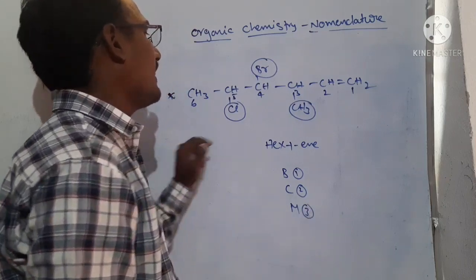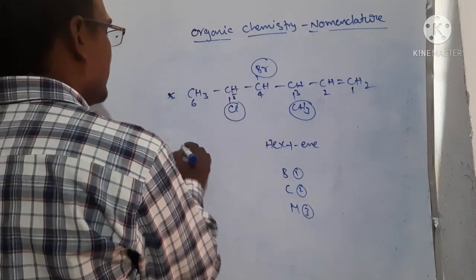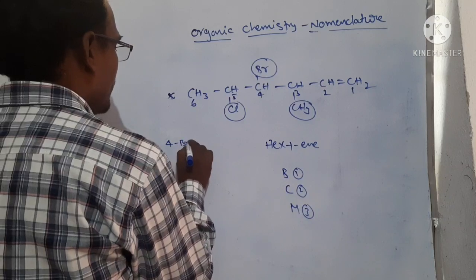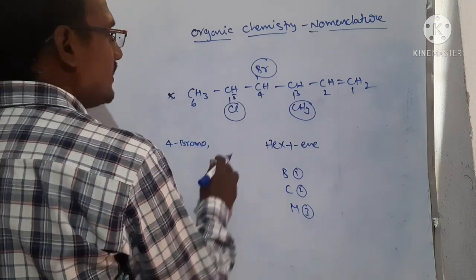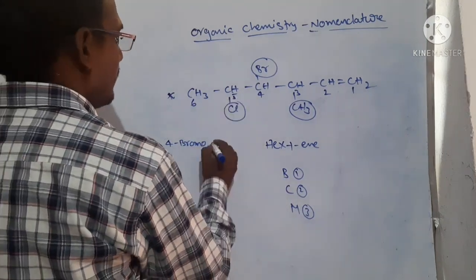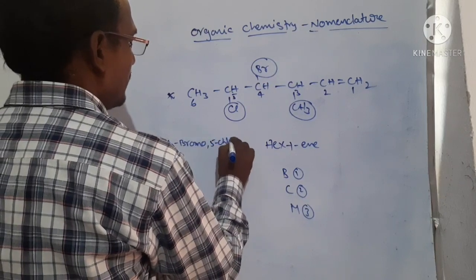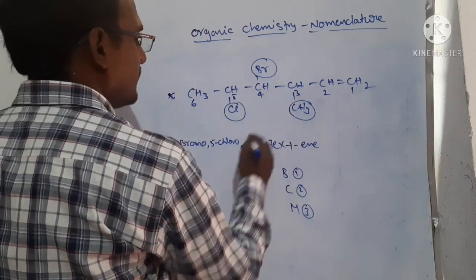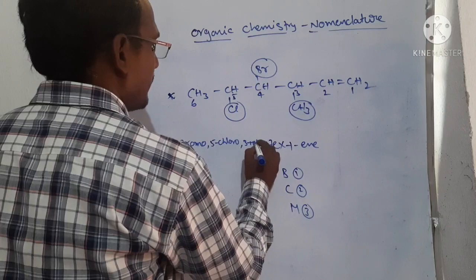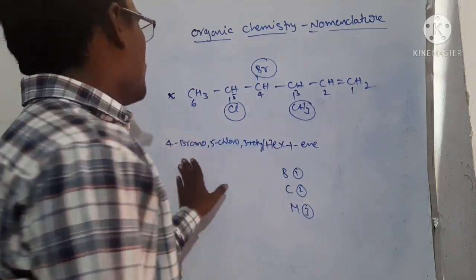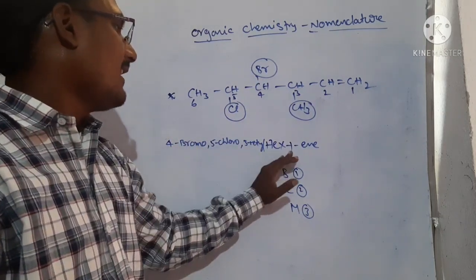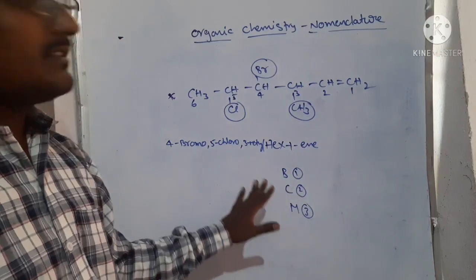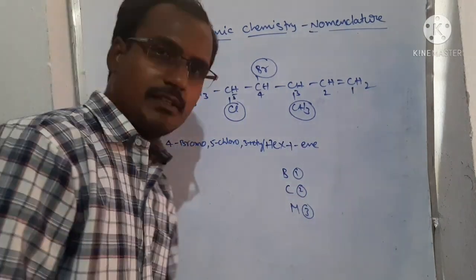The fourth position has bromine, so 4-bromo; the fifth position has chloro, so 5-chloro; and the third position has methyl, so 3-methyl. So 4-bromo-5-chloro-3-methylhex-1-ene, or 1-hexene. This is the name of this, right?